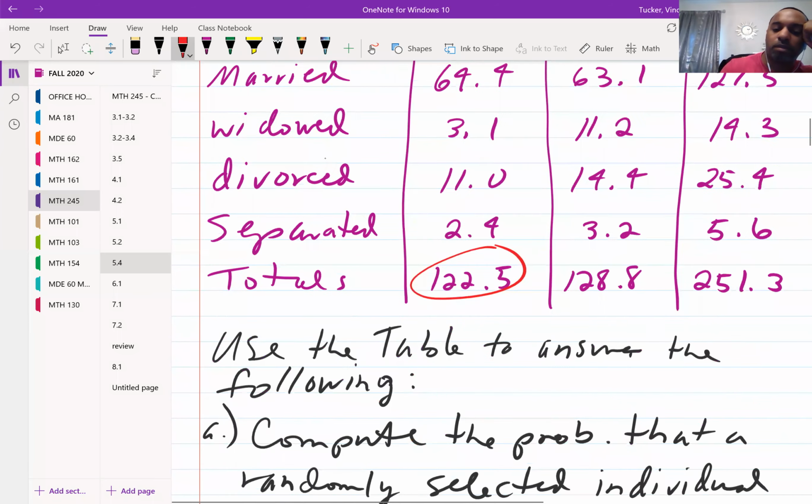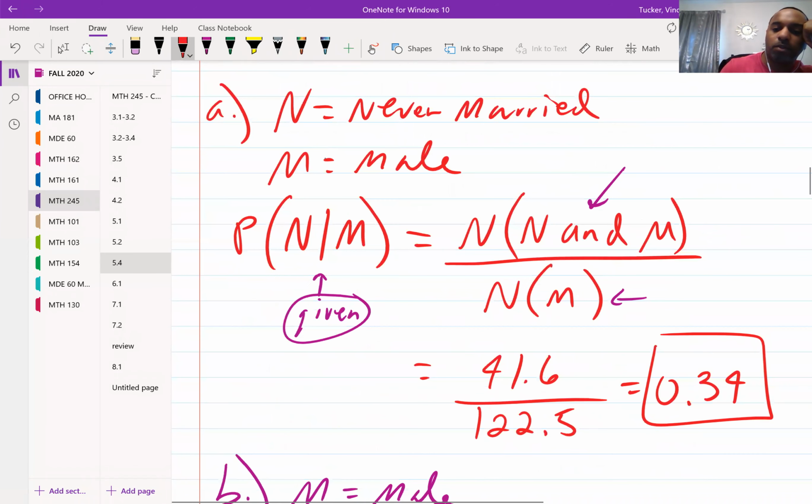So that's why we have 41.6 over 122.5. And convert that to a decimal. MyMathLab will let you know how many decimal places they want. I think in the book they gave just 2 decimal places. Any problems with that?